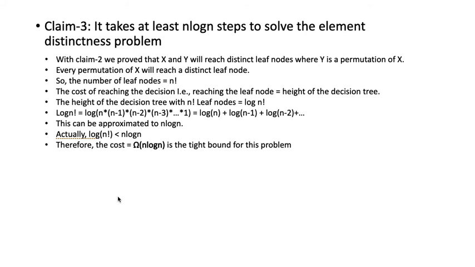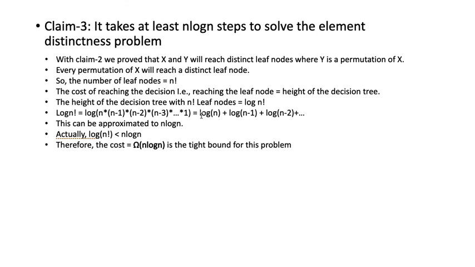Now the cost of reaching the decision, that is, the cost of reaching the leaf node, is going to be the height of the decision tree. So the height of the decision tree with n factorial leaf nodes is going to be log of n factorial. So log of n factorial can be simplified as follows. It can be written as log of n into n minus 1, n minus 2 up to 1. It can be further simplified to log of n plus log of n minus 1 plus log of n minus 2 and so on.